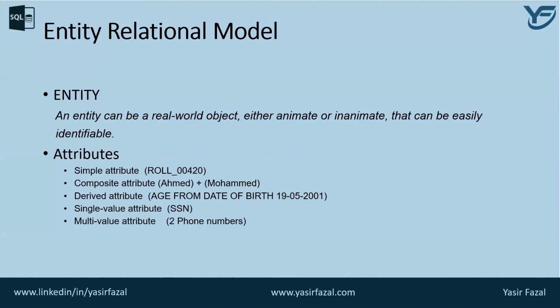In the next blog, I'm going to discuss relationships. We have already discussed relationships in another video, but I will repeat that again. I hope that you have got the idea of the entity relationship model.